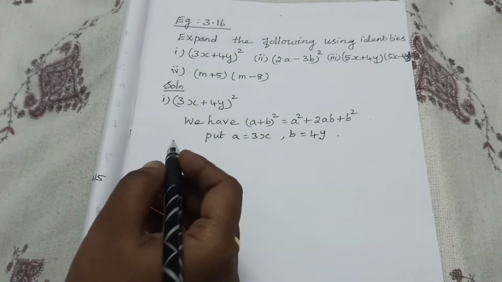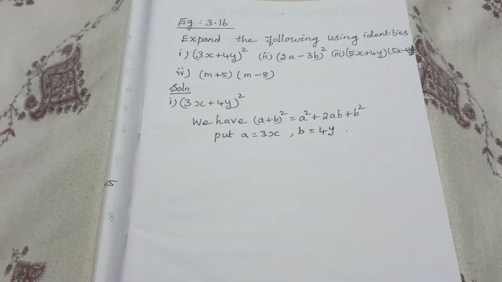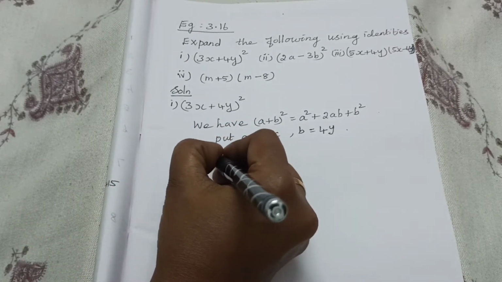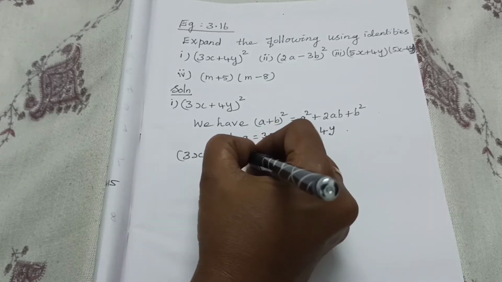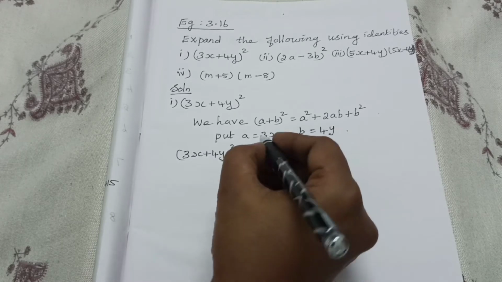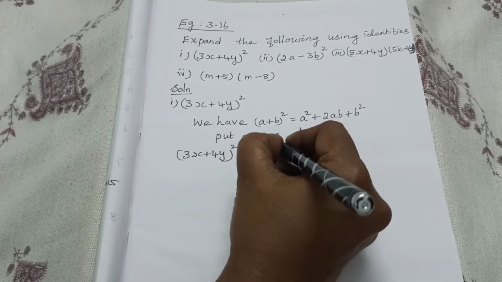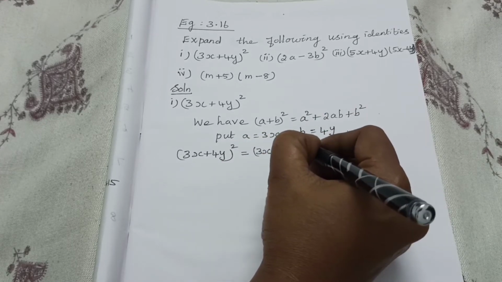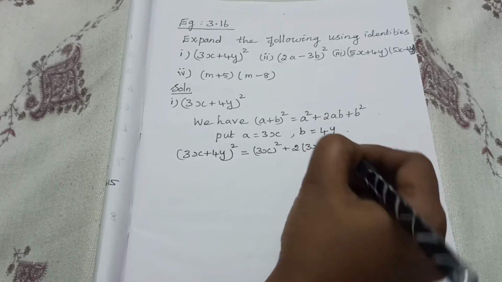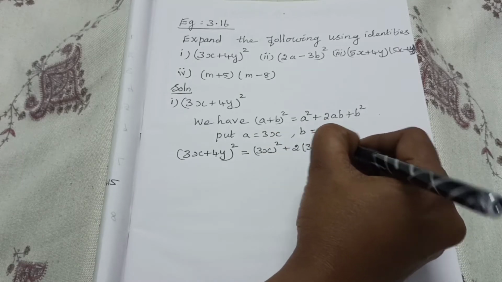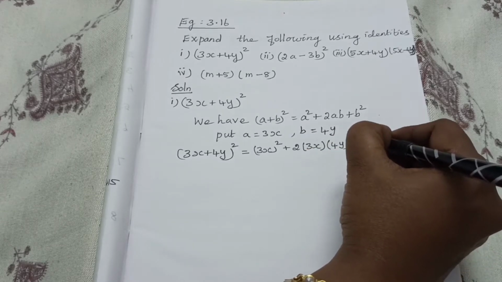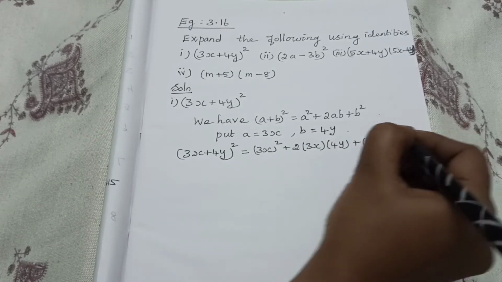Then you write the question: 3x plus 4y the whole square is equal to, instead of a we have to substitute 3x. Then 3x the whole square plus 2 into a, which is 3x, into b, which is 4y, then plus b square, 4y the whole square.